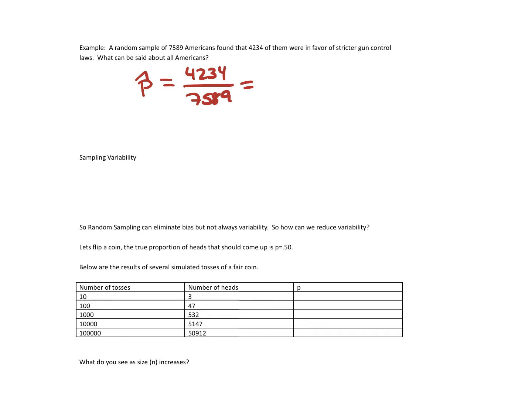Now, if we do this as a proportion, we just divide the numbers, 4234 divided by 7589. I get 0.558 if I round it. So that's about 55.8%.